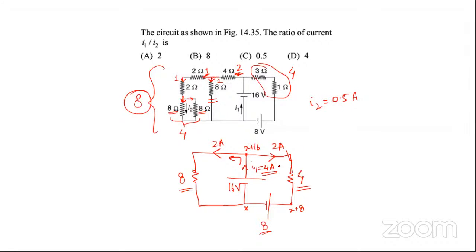So my I1 has come 4 amperes, and I2 has come as 0.5 amperes. So my ratio I1 by I2 will be 4 upon 0.5, that is equal to 8. So B is my right answer. Alright, is it clear to everyone?